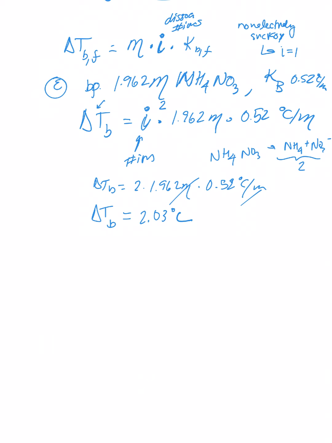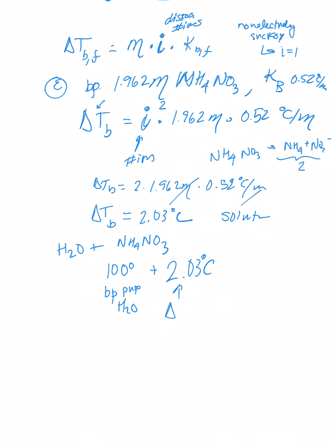Now, this is asking for the boiling point of the solution, assuming we're adding NH4NO3 to water. So our old boiling point, the boiling point of pure H2O, plus 2.03 degrees Celsius, our change in temperature for the boiling point, gives us the boiling point of H2O plus ammonium nitrate, which is going to be 102.303 degrees Celsius. Alrighty, there we go.